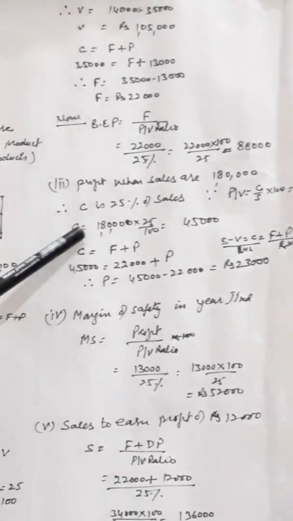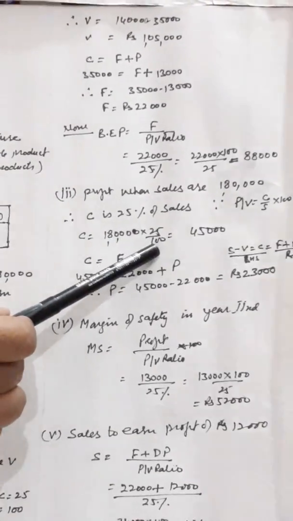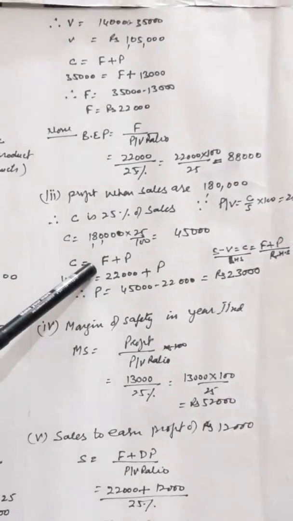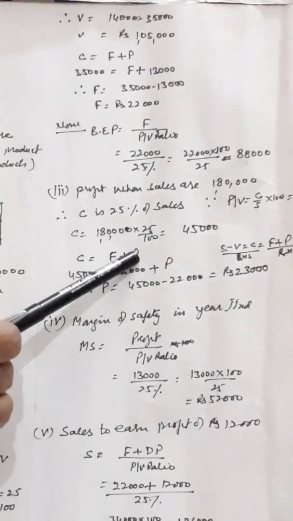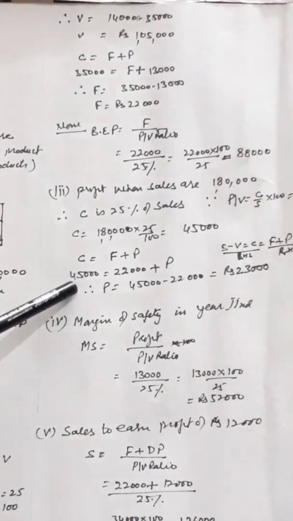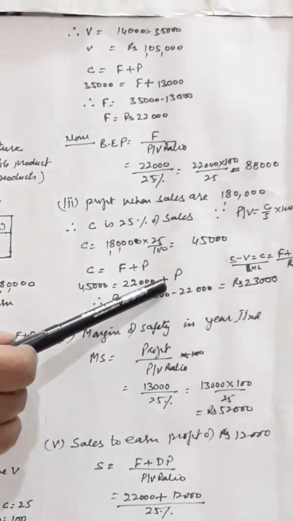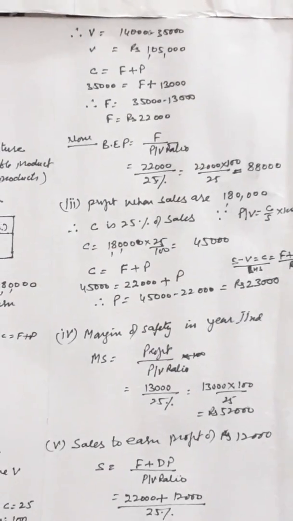Therefore, contribution at sales of 1,80,000 will be 1,80,000 multiplied by 25 upon 100, 45,000. By writing down the right hand side of the marginal cost equation, C is equal to F plus P. C just calculated 45,000. Fixed cost already calculated 22,000. Profit will be rupees 23,000.